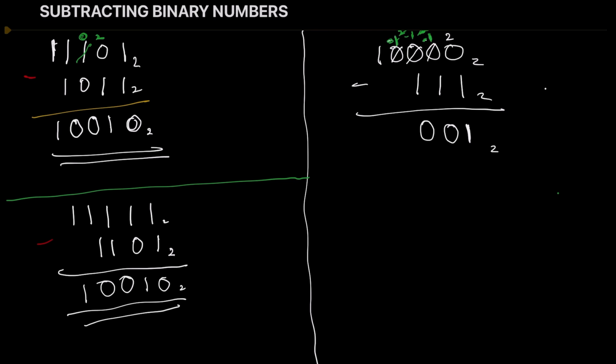And then we notice that we have -1 and we can't bring it down, so we have to borrow the last one, and then this is now 0, and this is now 2, so we have 2 - 1, which gives us 1. So this is another case.